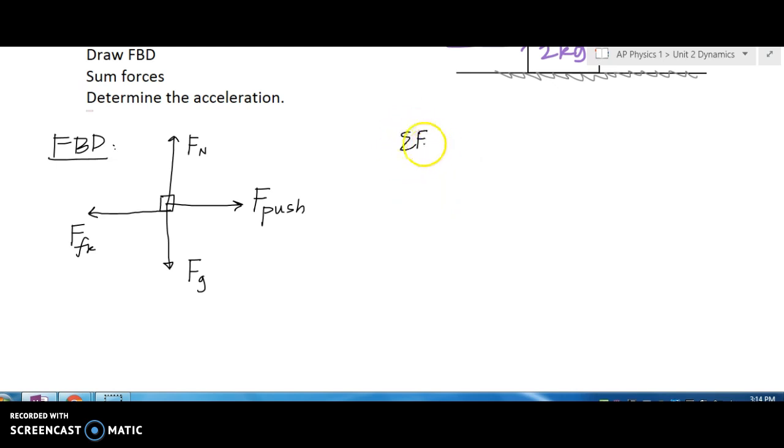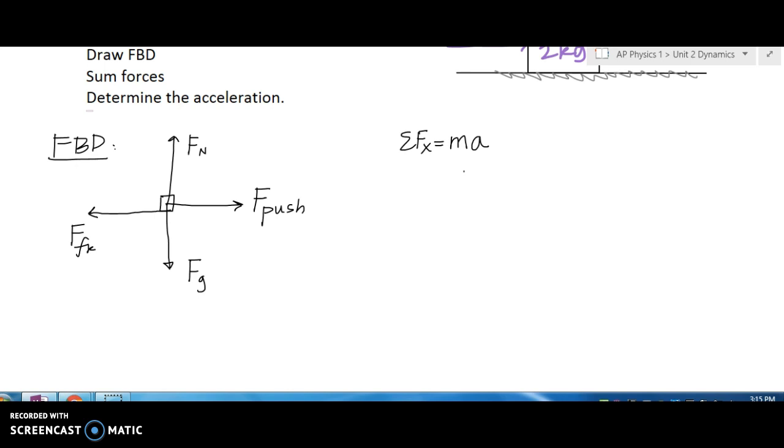Okay? Then we're going to sum the forces. When I sum the forces in the x direction, I want to set them equal to m times a, because I'm looking for the acceleration. Now if my answer turns out to be 0, then the acceleration is 0, so the speed is constant. Maybe this block is just sliding along, and you've got enough push to counteract the kinetic friction force, and it just moves along.